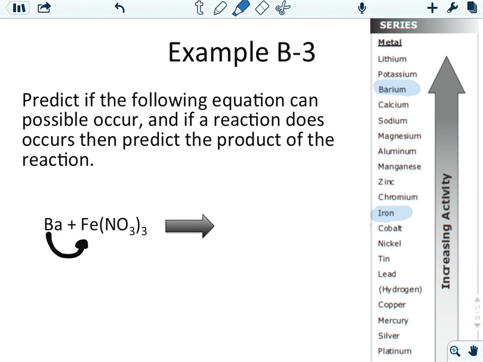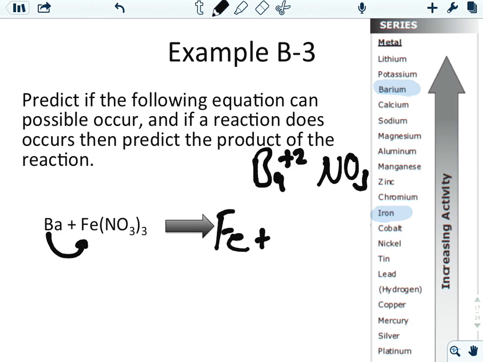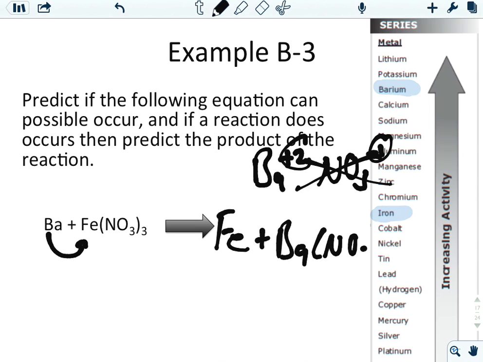So since barium is on top, it replaces it. So iron is now by itself, plus barium is now bonded to nitrate. So we have barium +2, nitrate, NO3, -1, crisscross, and we get Ba(NO3)2. And that reaction actually happened.